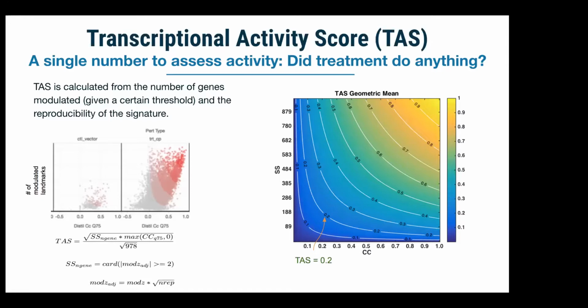So that's a heuristic threshold that we use to identify active signatures. If they exceed that value, then we think they're significantly more active than the majority of the DMSO population historically. And this plot on the right with the isobars indicates what strength and replicate correlation values would correspond to a particular TAS value.